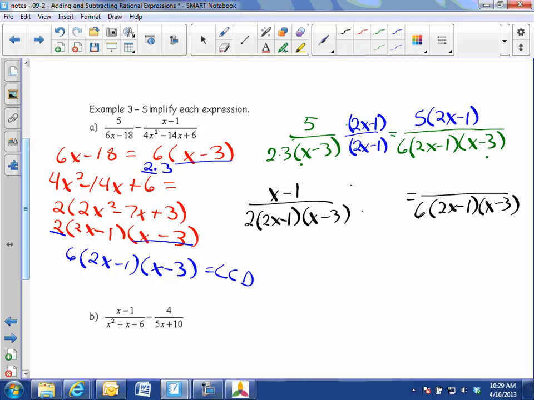So what do we multiply by? Just 3, because we've got 2x minus 1 and x minus 3, so 2 times 3 will get us 6.